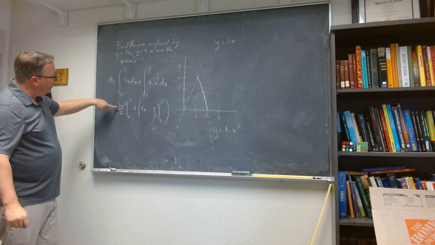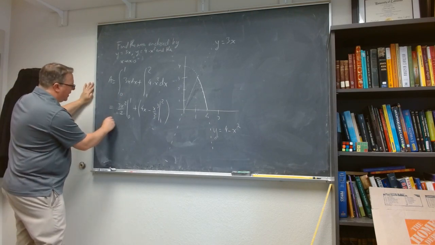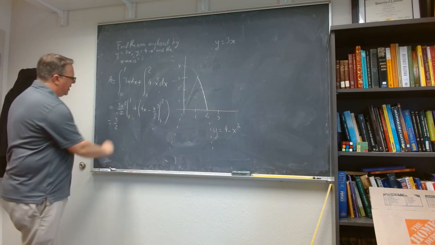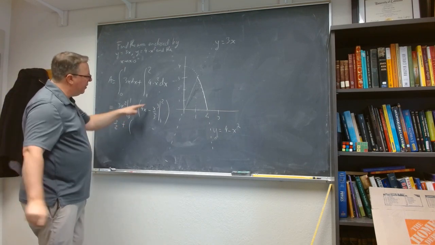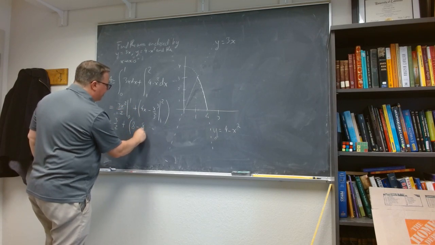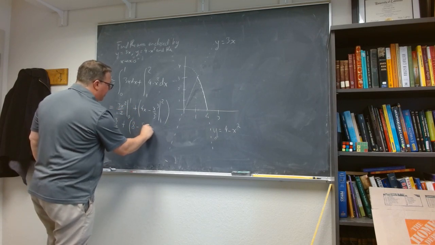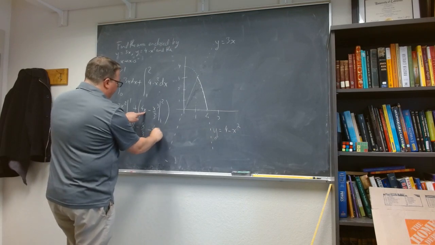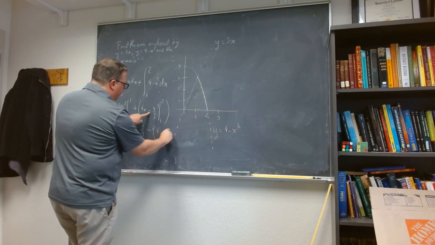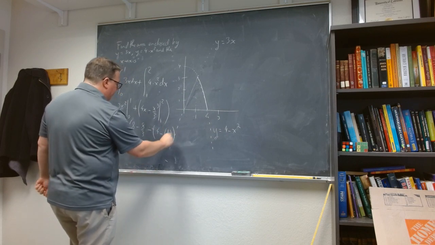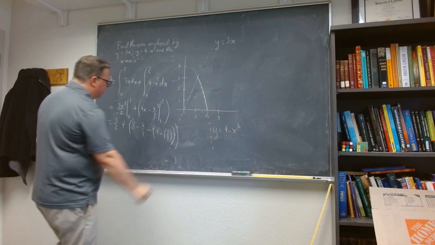When we plug in 1 here, we get 3 halves minus 0, plus, when we plug in 2, we get 8 minus 8 thirds. Then we subtract when we plug in 1, which is 4 minus 1/3. I think I need one more parenthesis to close it off.